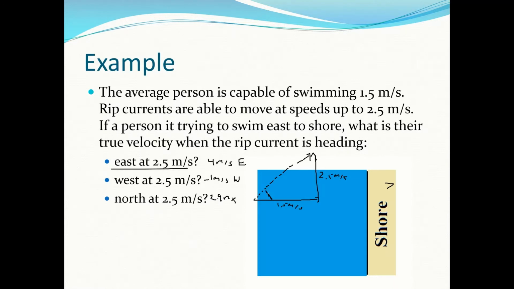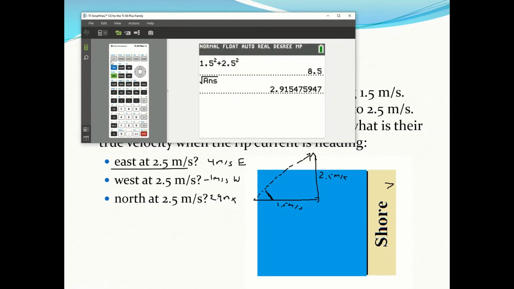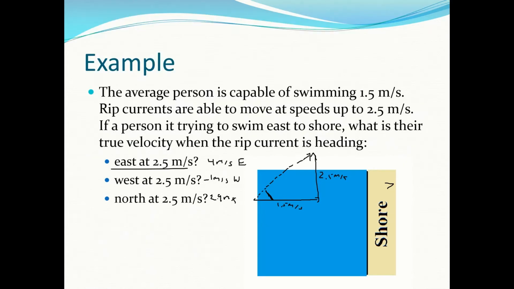And we also need an angle, so this is opposite and adjacent, so we can tan^-1 of opposite over adjacent, and we end up getting 59 degrees, and this is northeast, so we're not going directly east, we're going north of east. So 59 degrees north of east.